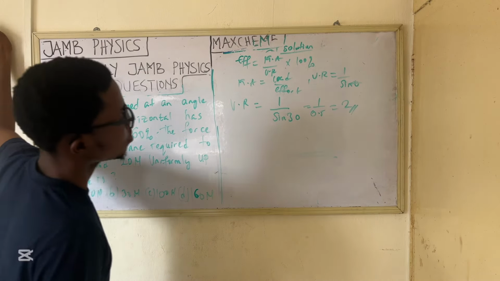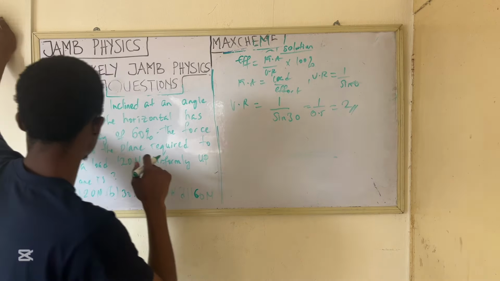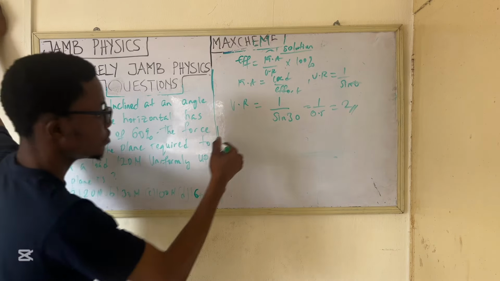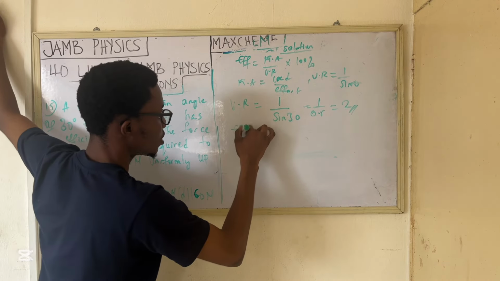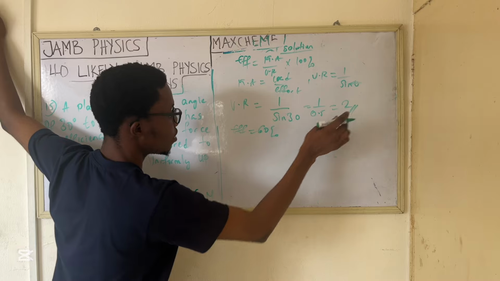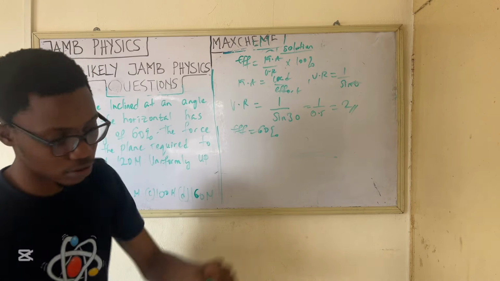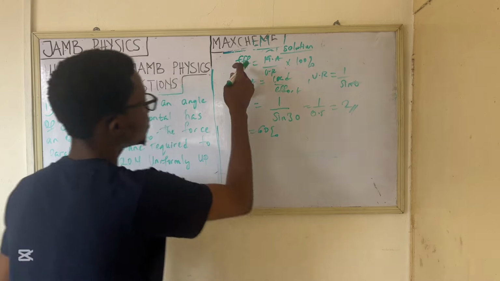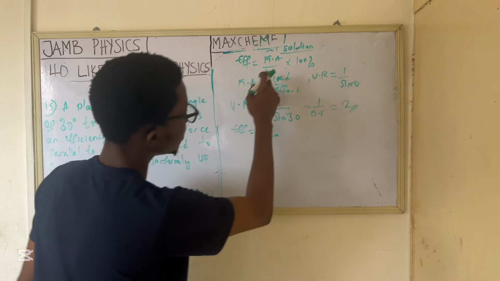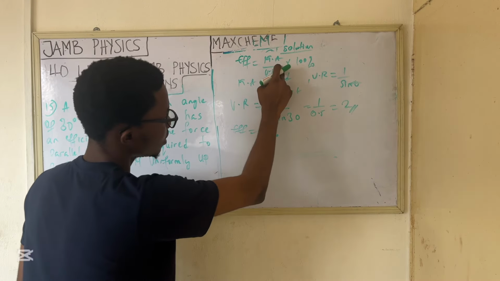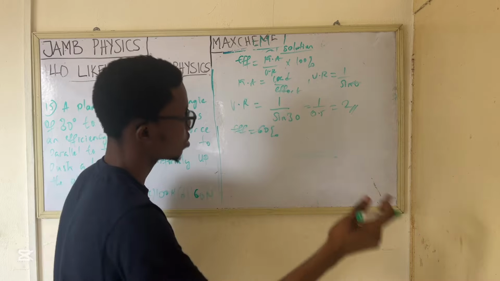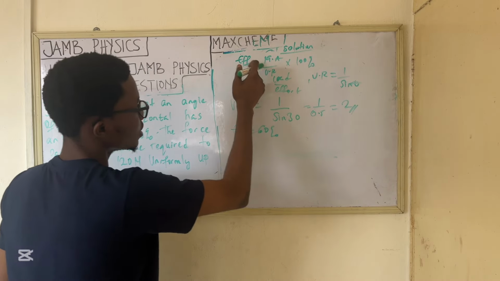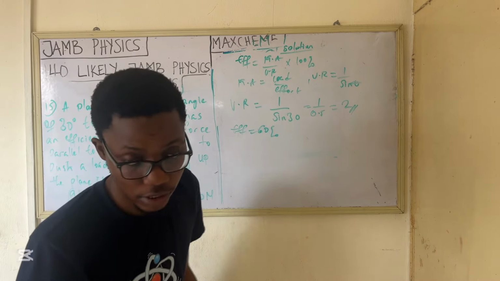Now I want to get the mechanical advantage. From the question, efficiency was given to be 60%. Now we have our velocity ratio, so we can get our mechanical advantage. Efficiency is mechanical advantage over velocity ratio, with 100% being 1. So mechanical advantage is equal to efficiency times velocity ratio.